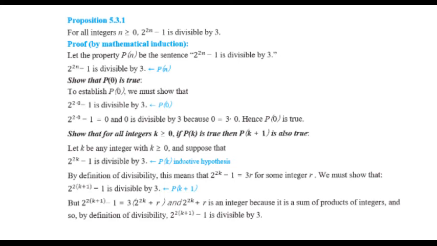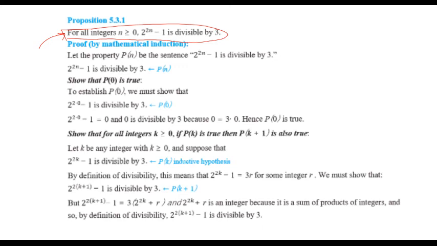Alright, so the last proposition that we are going to prove using mathematical induction in this section is this statement. It says, for all integers n greater than or equal to 0, 2 to the power 2n minus 1 is divisible by 3. Okay, so that's the original statement that we are going to prove using mathematical induction.